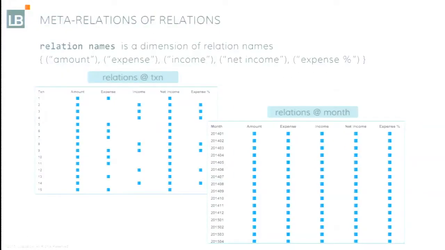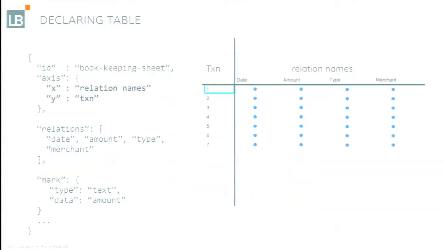Now we've learned enough to see how we can actually declare this table. Declaring a table or a chart in our system is effectively laying out the measures and the different relations onto a two-dimensional axis, or two-dimensional space. So here I'm saying on the x-axis, put all the relation names on there.